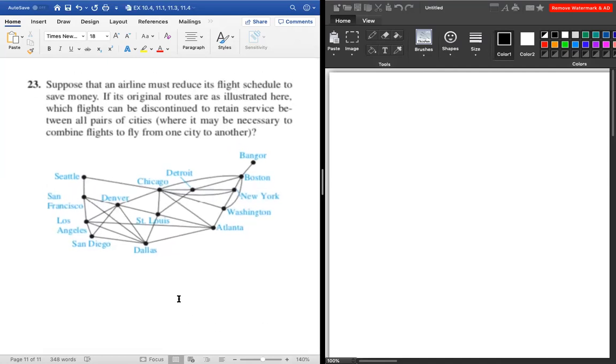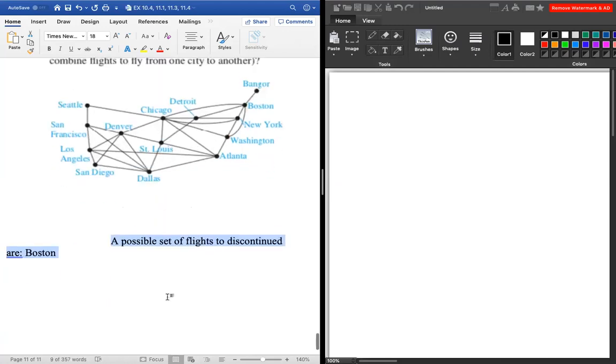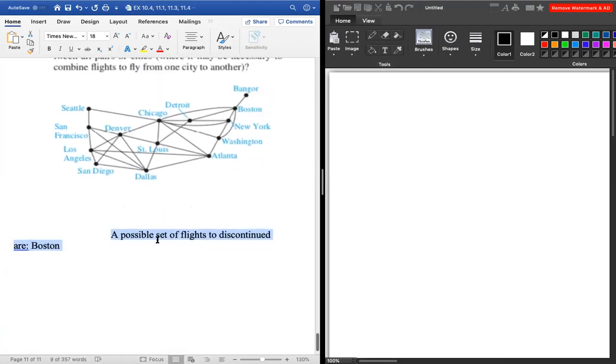Okay, so now the answer is a possible set of flights to be discontinued are, for example, from Boston: Boston to New York, so we can cancel out this flight as we'll be able to reach it through some other destination. We can cancel Detroit to Boston.